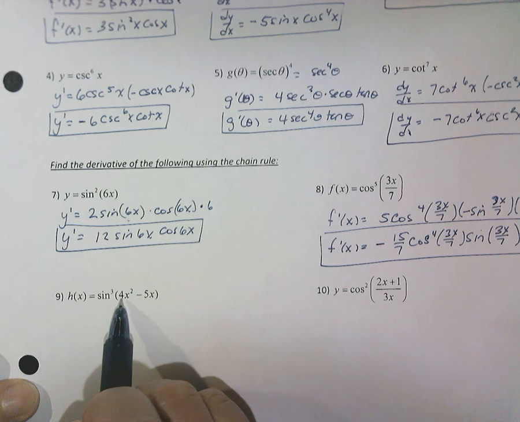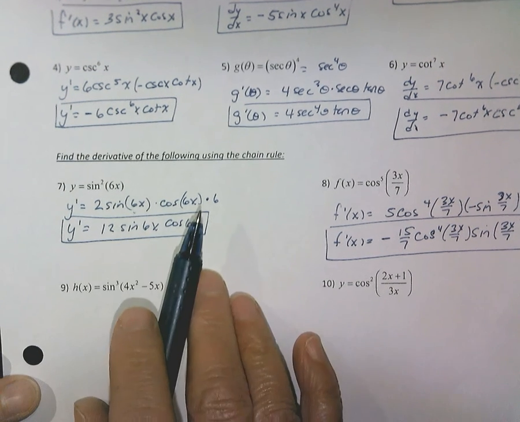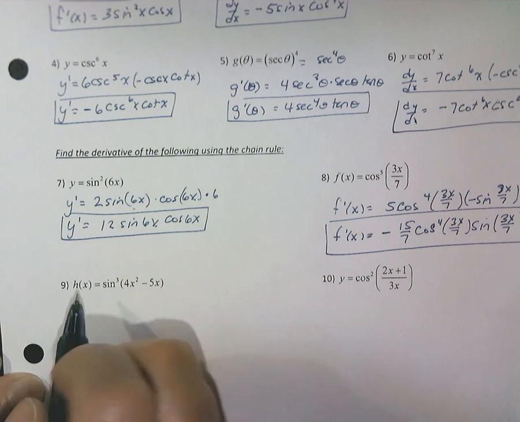So a little bit different here. It's got this 4x squared minus 5x, so it's just getting a little bit bigger, but it's still the same process.